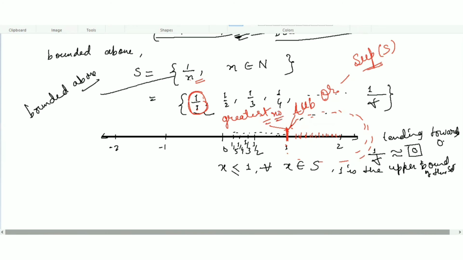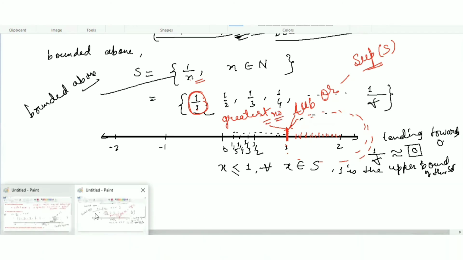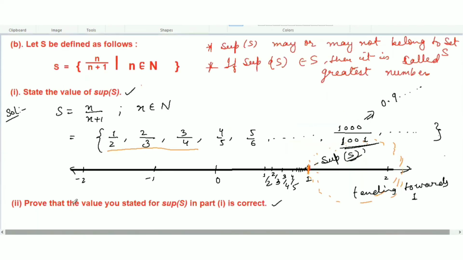But here in this set, the elements are tending towards 1. It means 1 is the upper bound, but this 1 does not belong to the set, so you cannot say this is the greatest number of the set S. But this can be the supremum of S. So what is the supremum of S here?